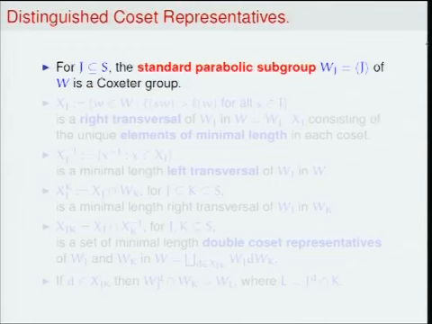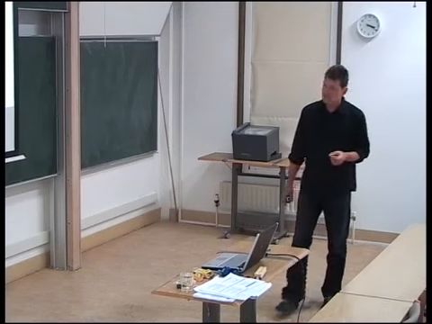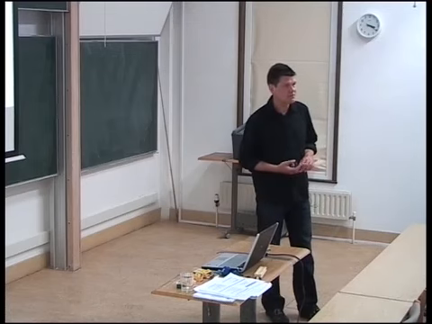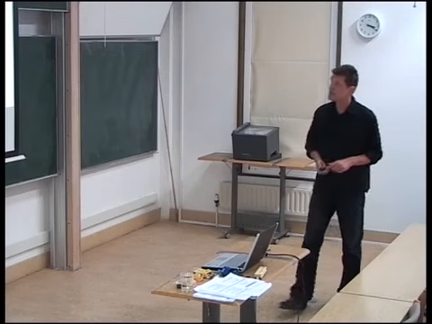The descent algebra is defined in terms of standard parabolic subgroups and their distinguished coset representatives. For each subset J of the generating set S, you have such a standard parabolic subgroup generated by that subset.